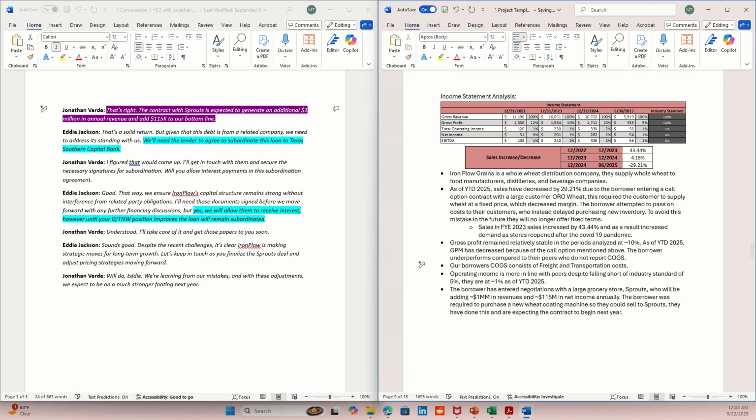And actually, I should make that its own bullet point. Now, lastly, we have the operating income, right? We compare them to their peers. They're not as good as their peers. They're underperforming, but they're still profitable, which is not too much to complain about. They're relatively stable at 1 to 2%, which again is not very good, but it is what it is.